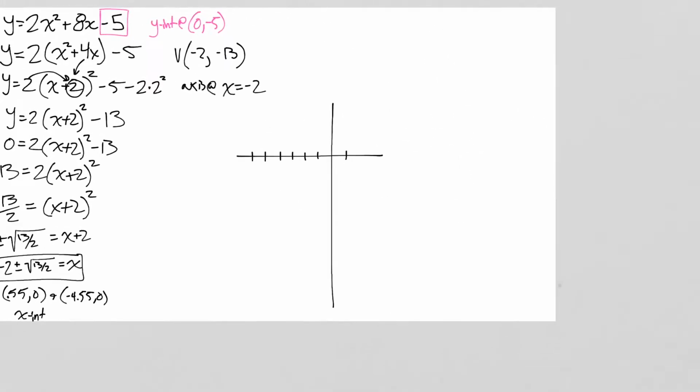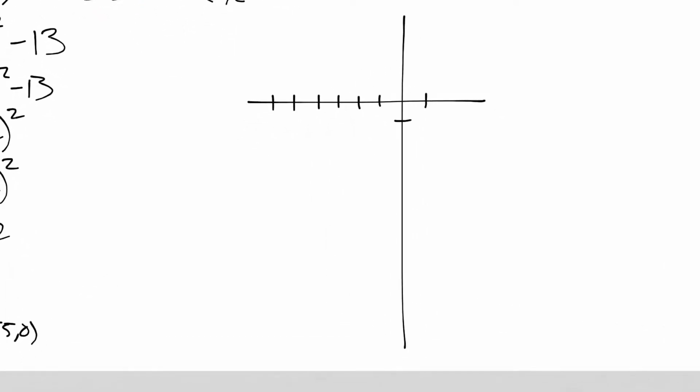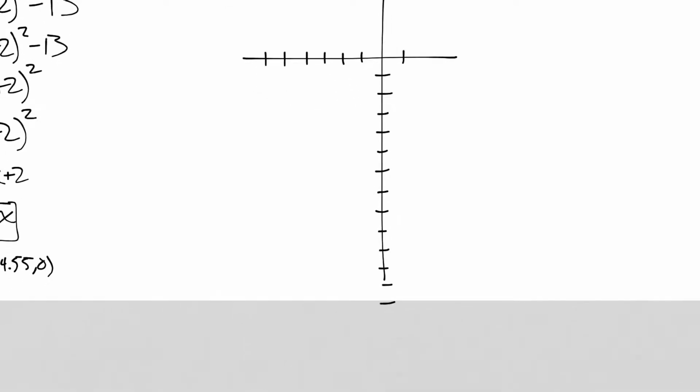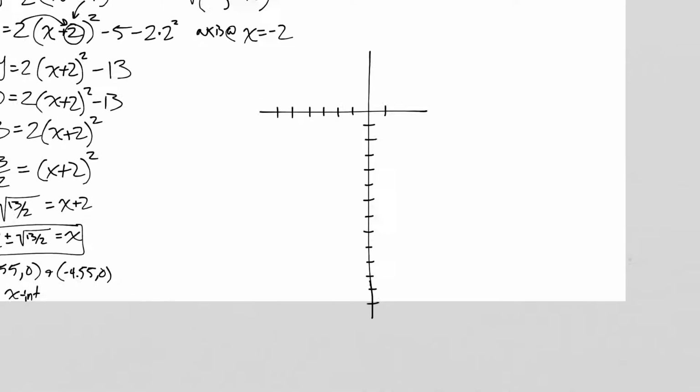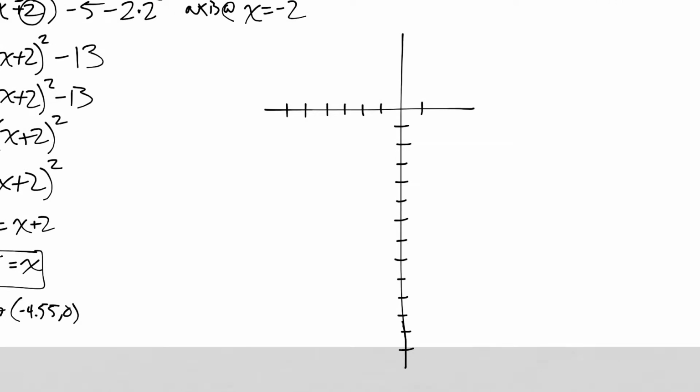And then we need to go all the way down to -13. So 1, 2, 3, 4, 5, 6, 7, 8, 9, 10, 11, 12, and 13. Oop, that didn't look good. There we go.